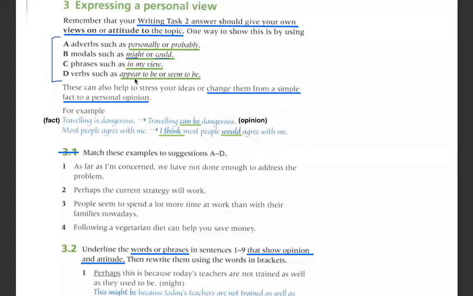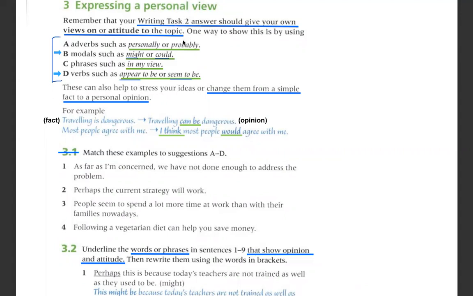Or we can use verbs like appear to be or seem to be. These 2 options, we use when we're saying that things are a possibility. We're not saying that they're a fact. It's just my opinion, it's not a fact.